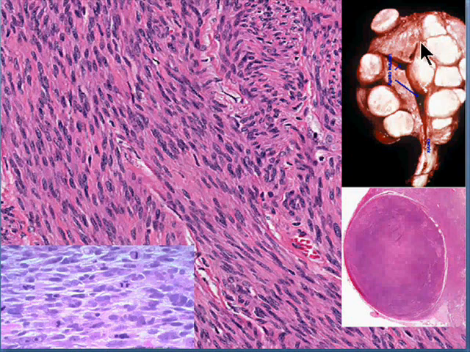If you took a low power view of this tumor, you might see a whorled, perhaps encapsulated collection of cells. If you looked at it on really high power, you would say, my God, these cells look exactly like normal histologic smooth muscle. It must be either a well-differentiated tumor or a totally benign tumor.